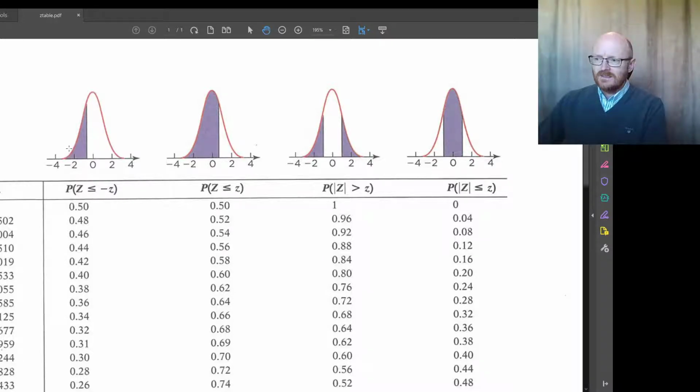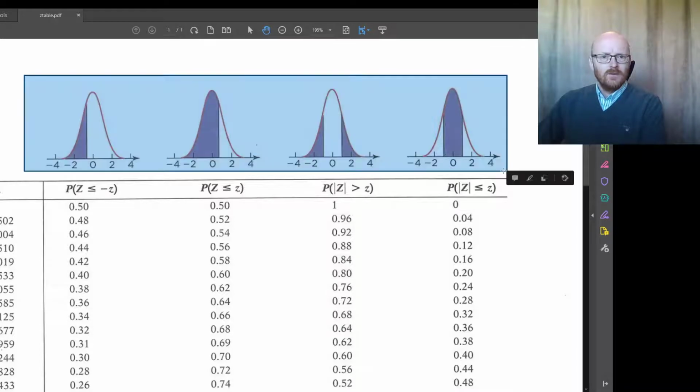Okay, and that's because we want to look at how many standard errors we go away from the mean, and then we can calculate probabilities, and we can easily normalize a random variable by subtracting the mean and dividing by the standard error or standard deviation, and then we can use this table which someone else has calculated for us.